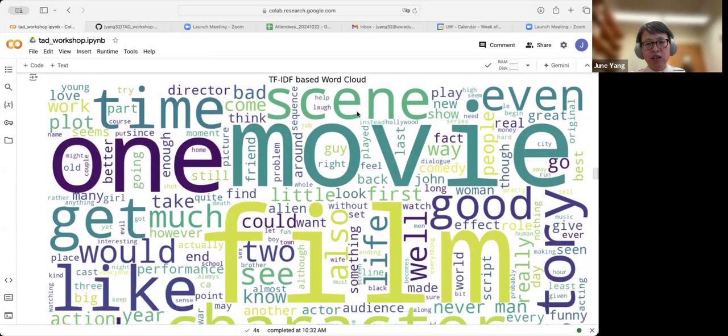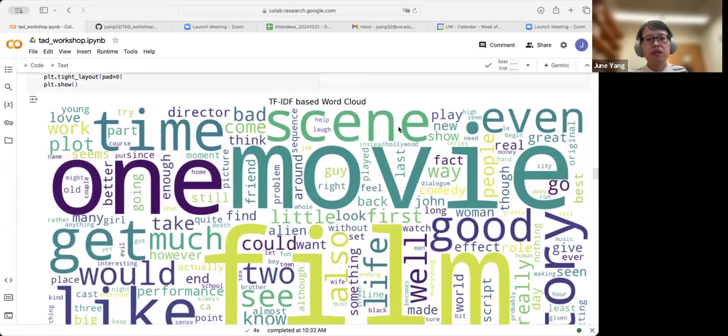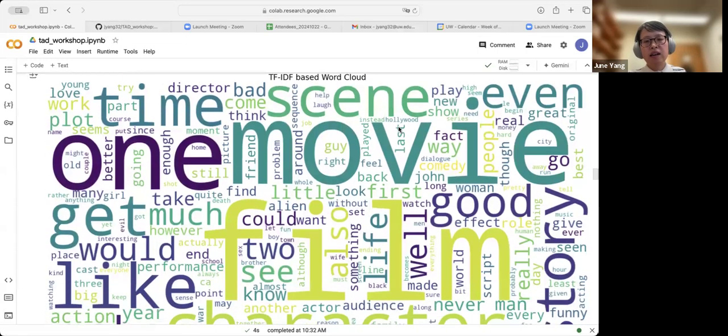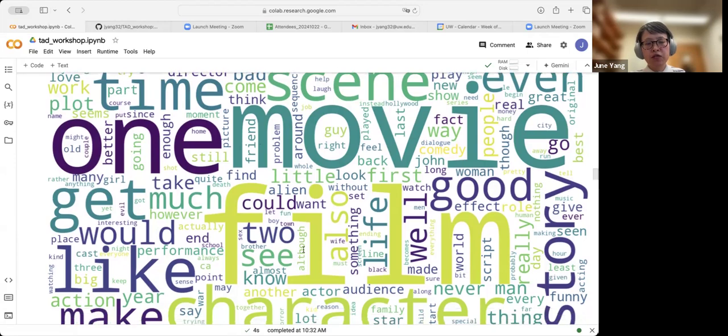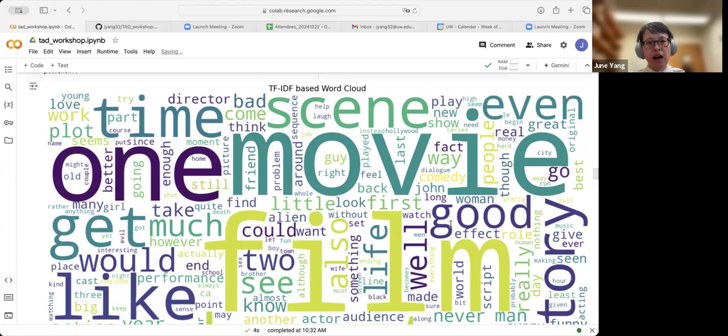And the larger the font size of the word, the higher the score this word has. And again, we can notice that it's kind of expected that movie and film rank really high in terms of TF-IDF. And if we want our text to be cleaner and we want to surface other important words, we might go back and remove movie and film.